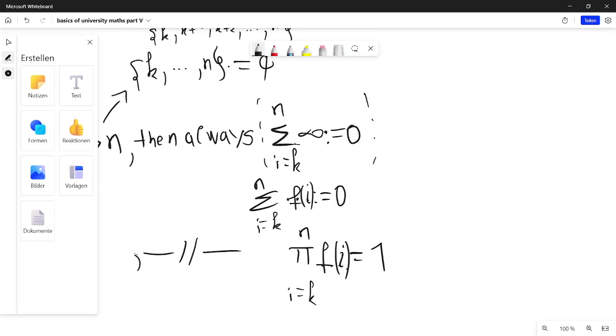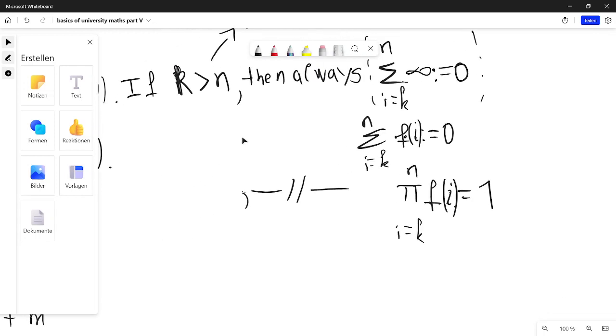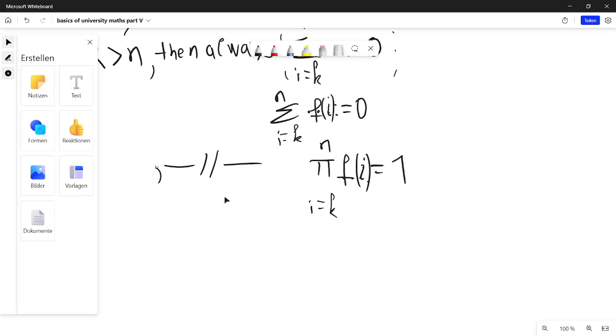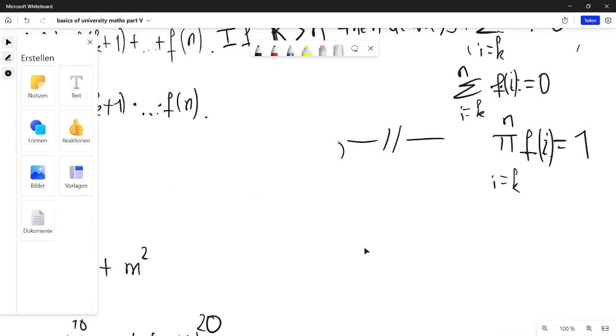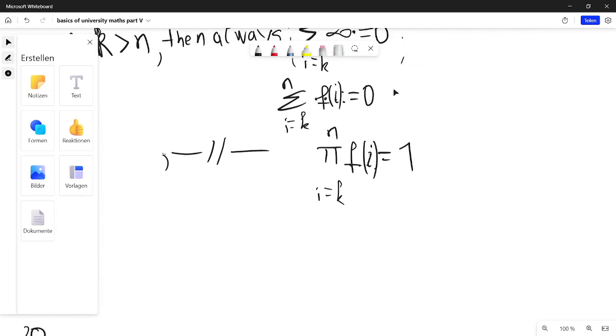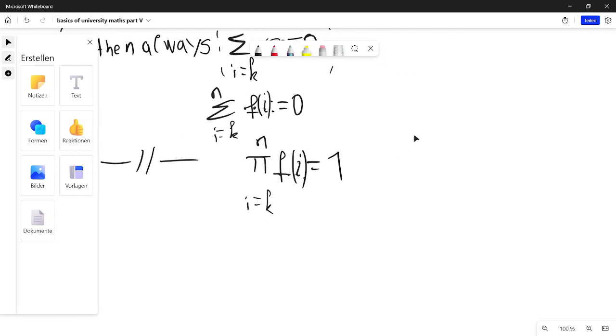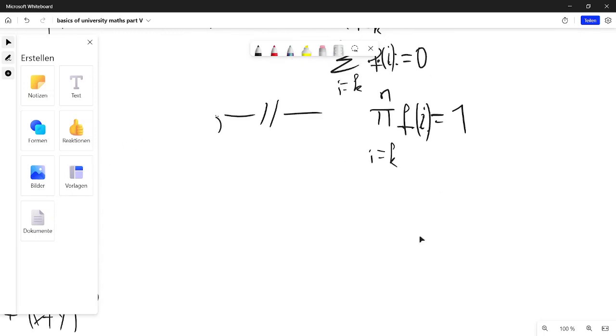But for real numbers, it's just that the element 0 itself has a special role in real numbers, and the element 1 has a special role in real numbers, and the role is just that 0 plus any element of real numbers is the element itself. This property is called the property of a neutral element, and same here with multiplication by 1 of any real number, we just get the real number back.